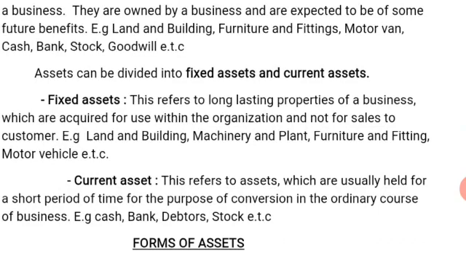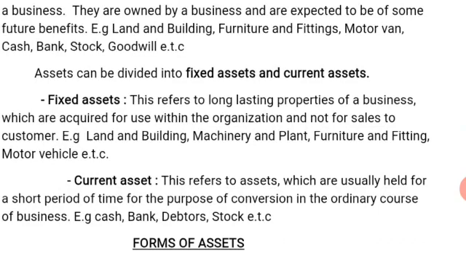Assets can be divided into fixed assets and current assets. Fixed assets. This refers to long-lasting properties of a business which are acquired for use within the organization and not for sale to customers.